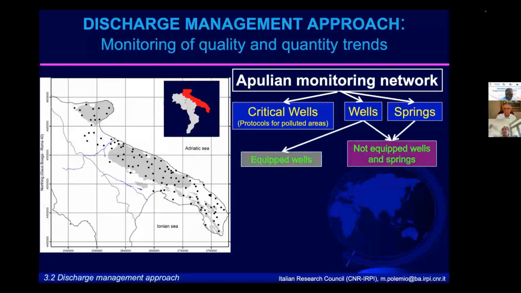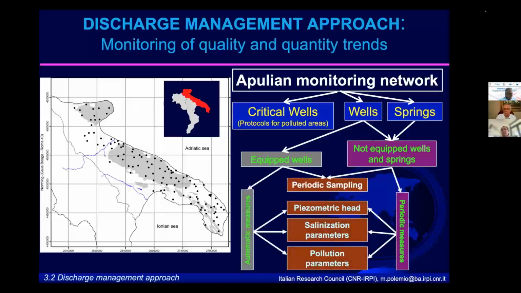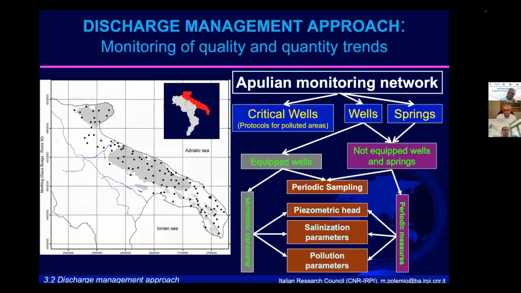Wells and springs are of two types: equipped wells and not equipped wells and springs. In the equipped wells, automatic frequent measurements are realized. The not equipped points or springs are used periodically, mainly for sampling.